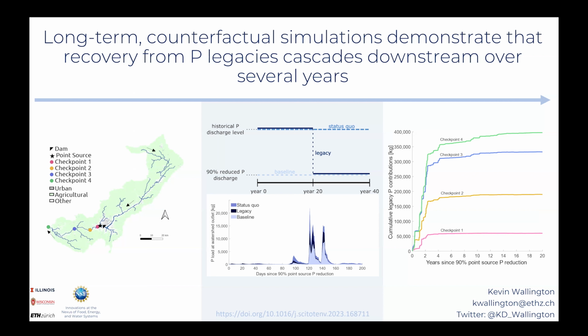But there's starting to be some more discussion of interventions within a stream itself that could potentially maybe not remove, but at least offset some of the impacts of in-stream legacy phosphorus. And so that's something that potentially could be researched or invested in more.